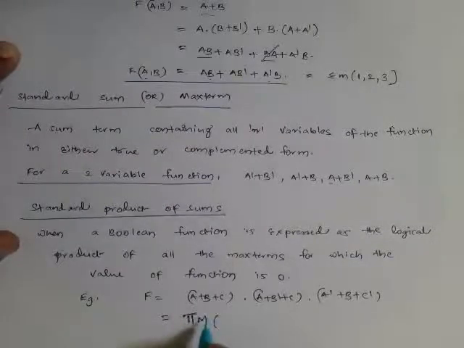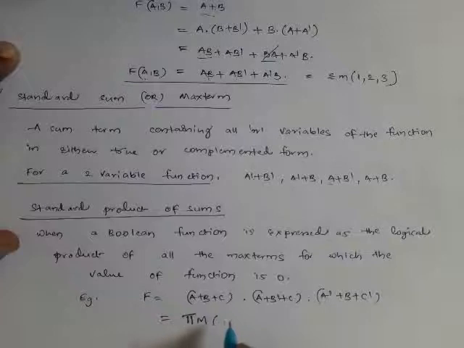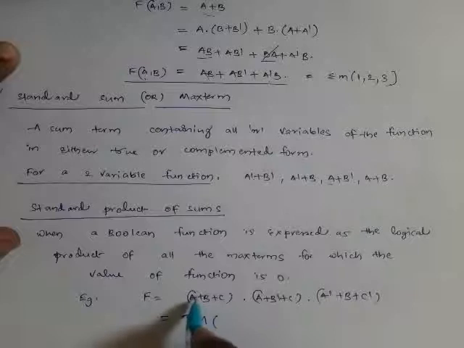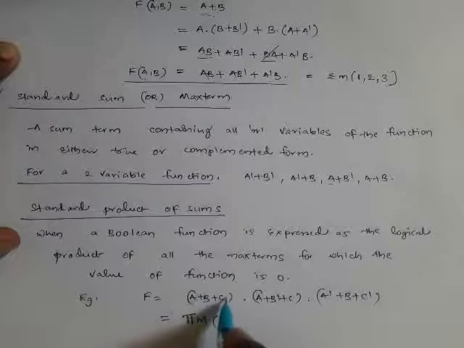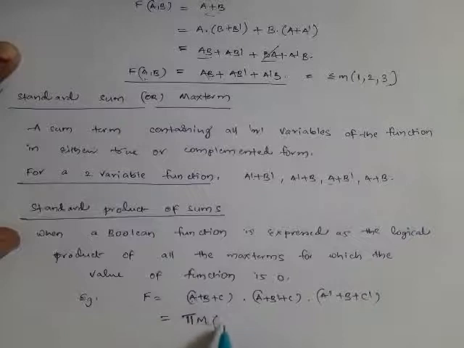Next, each max term can be represented by its decimal equivalent for the binary value which it represents. Here the variable is written in its original form when its value is 0. So this represents the binary value 000, and the decimal equivalent is 0.